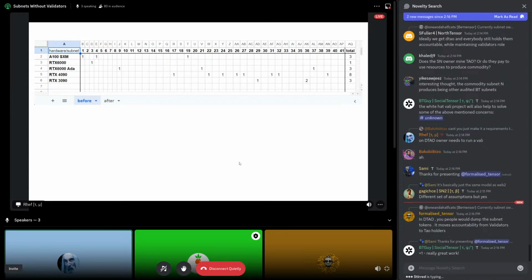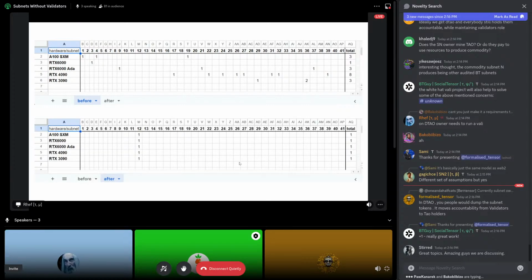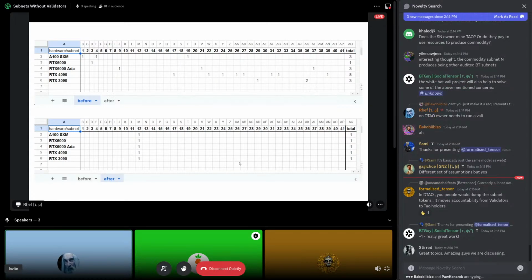This is a problem, because ambitious, innovative subnets might be a non-starter on the Bittensor ecosystem. This is not what we want. Now, this is the plan. Hopefully, we can make it so that every validator needs to run a constant number of GPUs, regardless of whether they validate 20, 40, 60, or 100 subnets.